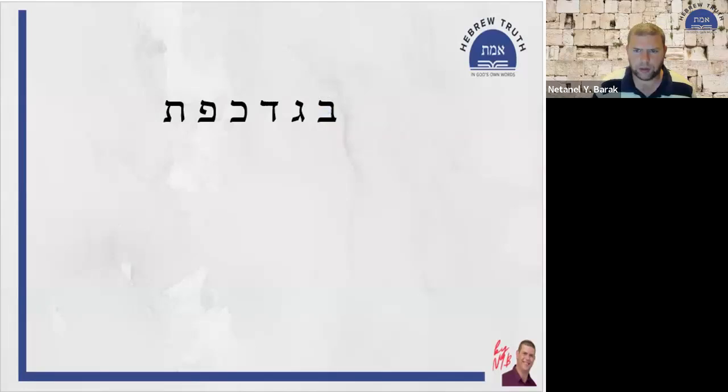Let's use a different color. And the gimel was always g. And the dalet was always d. And the kaf was always k. And the pe was always p. And the tav was always t.